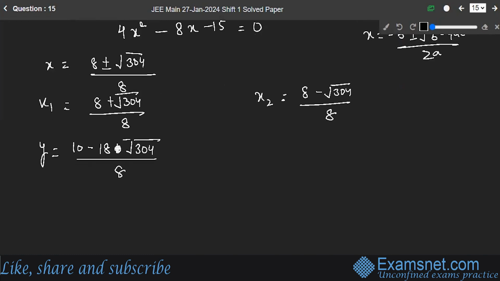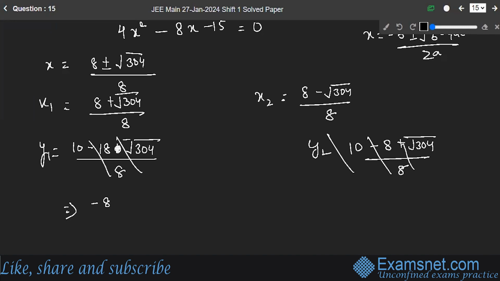And divided by 8, and this will be y2, this will be y1. So you are having 10 minus 8 plus this divided by 8. So this will give me minus 8. And we go over here in the calculation of y2.